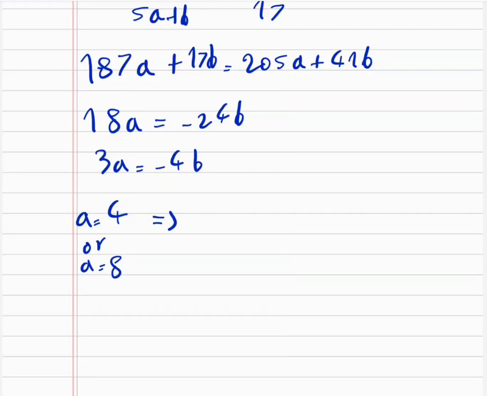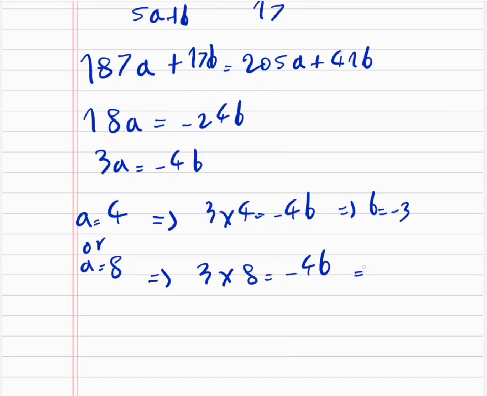If a is 4, then 3 times 4 is equal to minus 4b, so b is minus 3. For the second value, we have 3 times 8 is equal to minus 4b, and b is equal to minus 6. So these are the two pairs of values of a and b, but we haven't finished the question yet.